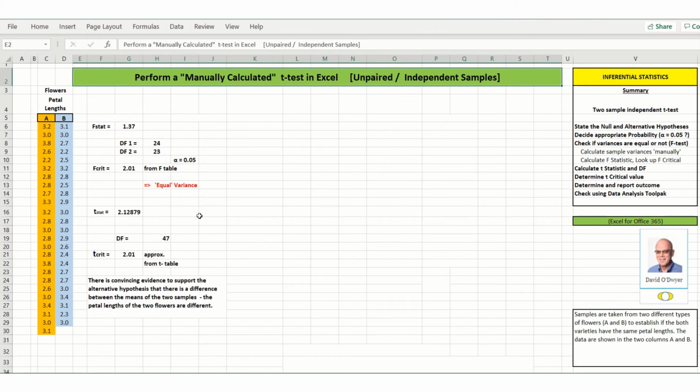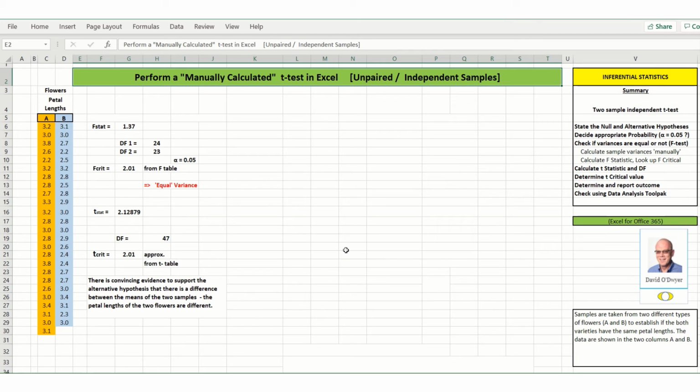That led us on to a set of formulas to calculate the t-statistic, which was 2.12879, degrees of freedom 47, and looking up our t-tables, we were able to establish that our critical value for t was approximately 2.01. So overall, there was convincing evidence to support the alternative hypothesis that there's a difference between the means of the two samples. The petal lengths of the two flower species are different.